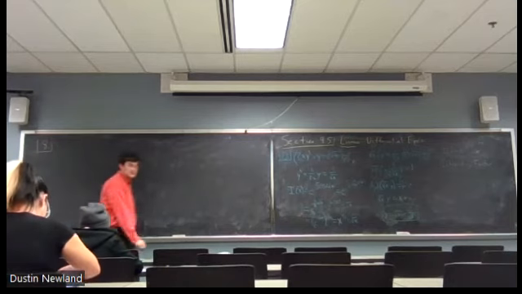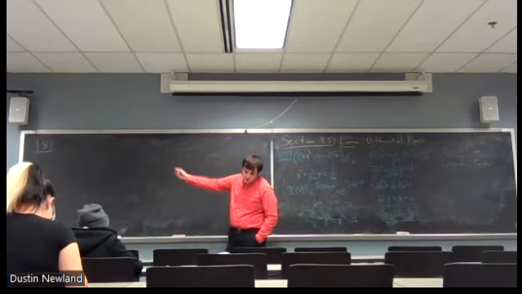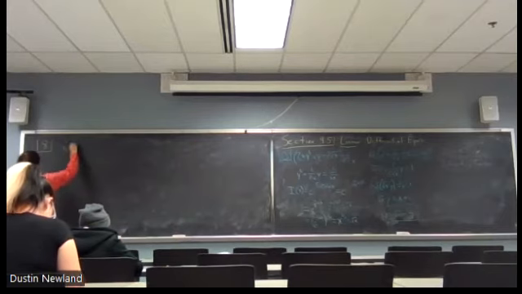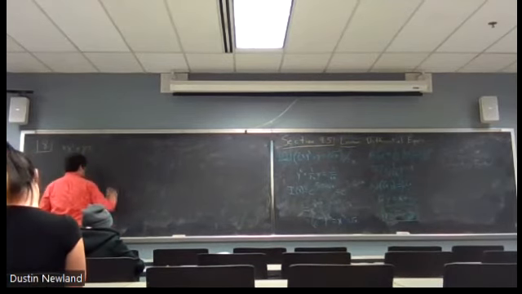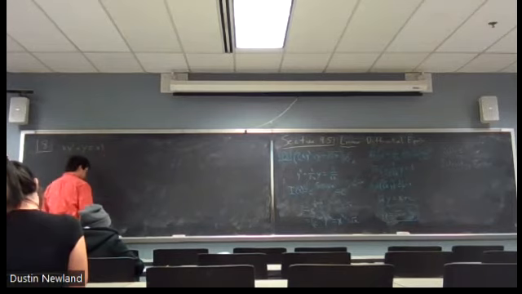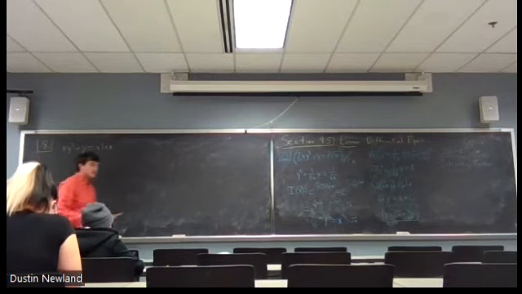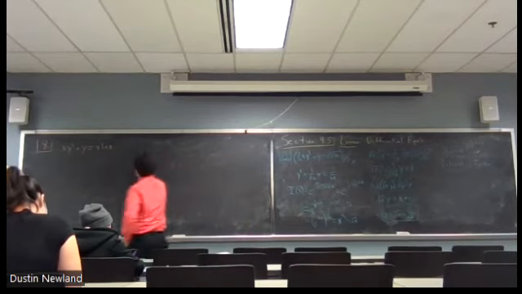Okay, number 18 says to solve the initial value problem, and the initial value problem we're given is x y prime plus y equals x. Okay, so we get this, and then the initial value we're given is y of 1.